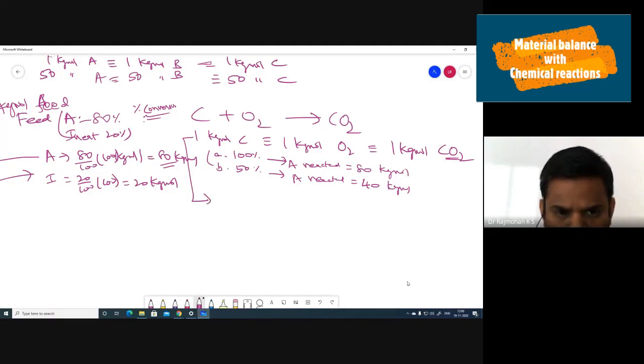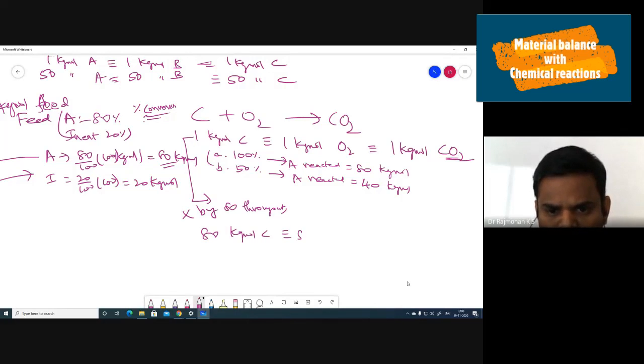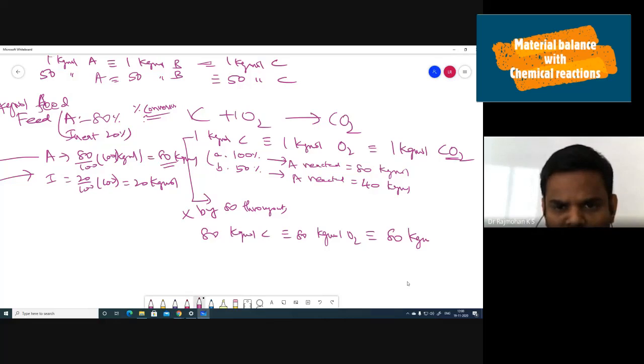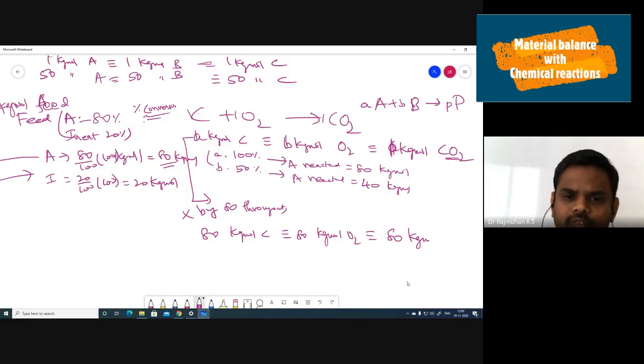So from this, multiply by 80 throughout. What do you get? We have 80 kg mole of C reacts with 80 kg mole of oxygen to form... See, remember, we are considering a simple case of a 1 to 1 to 1 ratio. Without writing all this also you can do it. But in general, if it is a general reaction, it can be aA plus bB giving some product pP, and then you are going to have a, b, c, p here, so that way it can change.